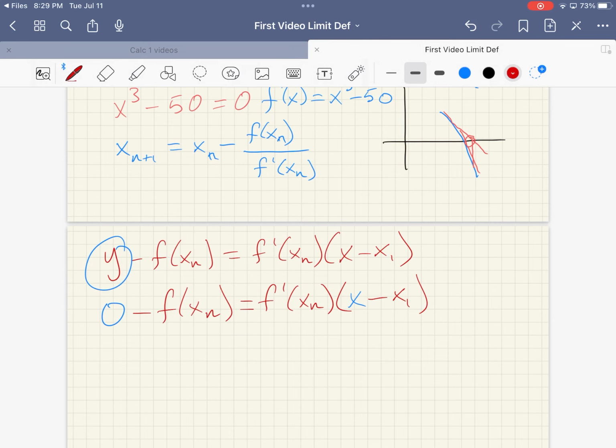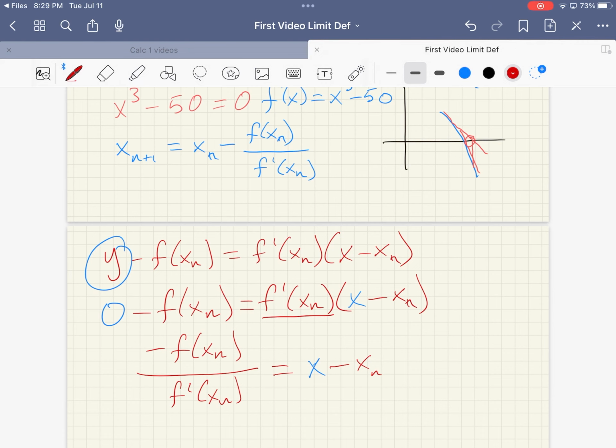So notice that I've got this negative here. The first step would be to divide by this. So what I would get is negative f of x sub n divided by the derivative at x sub n, and this will equal x minus x sub n.